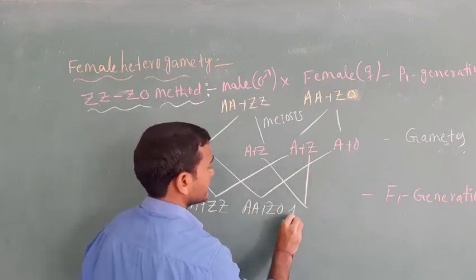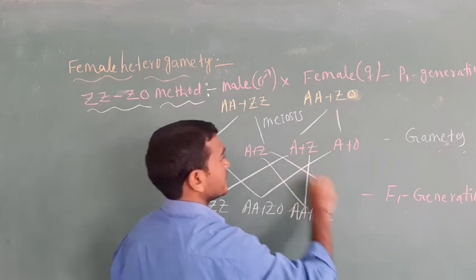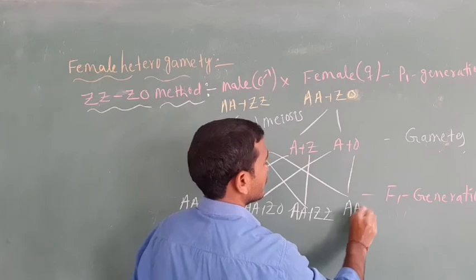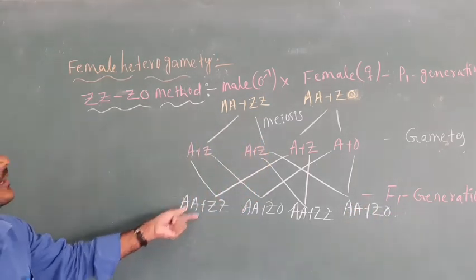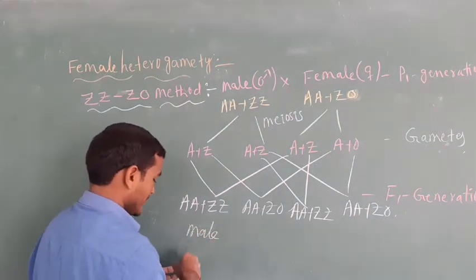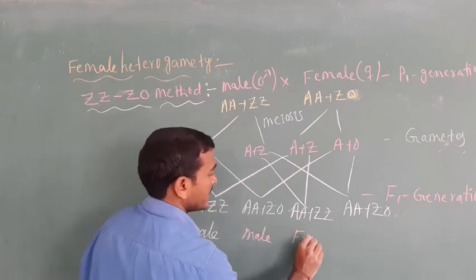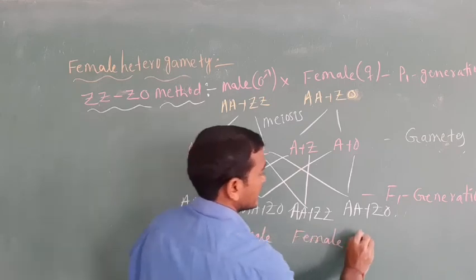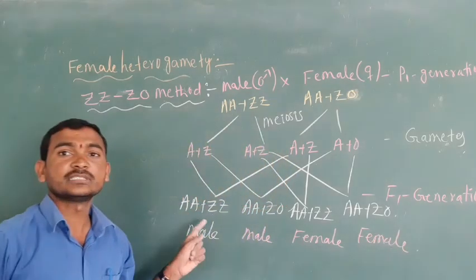This and this autosomes plus ZZ. That autosomes plus Z0. So what is ZZ about? It is about the male. This is also male and female. It is a female. So this is common.